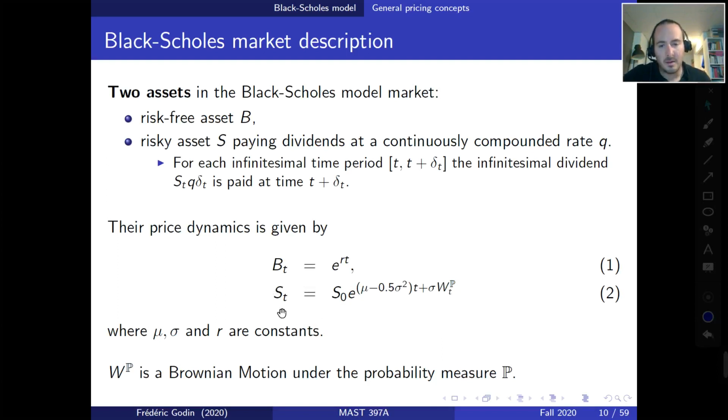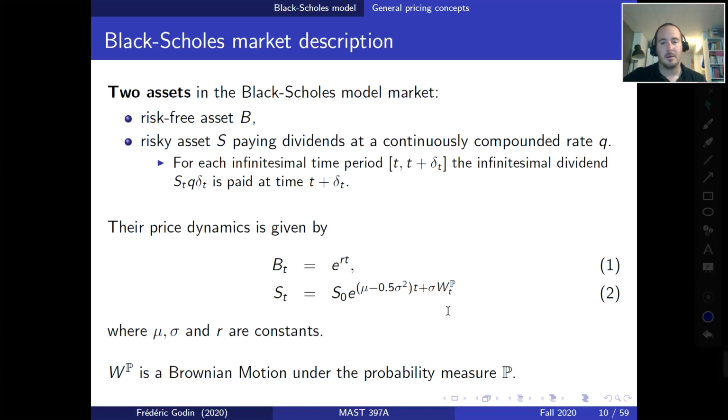The time t price of the stock is its initial price times the exponential of mu minus 0.5 sigma squared, where mu is a constant and sigma squared is also a constant. Mu and sigma are parameters of the model. This is multiplied by t, plus the constant sigma times the time t value of the Brownian motion.